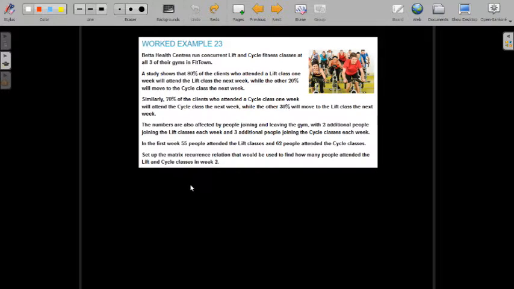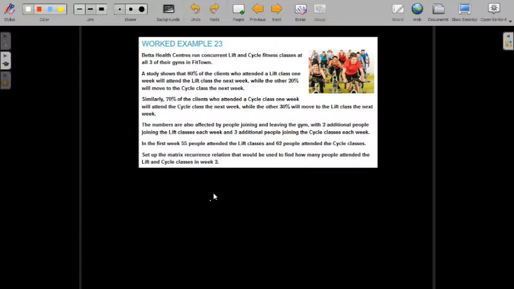We'll have a look at worked example 20. The Better Health Centres are running concurrent lift and cycle fitness classes at all 3 of the gyms. 80% of the clients who attend a lift class 1 week will attend lift class the next, while 20% move to the cycle class the next week. 70% of the clients who attend a cycle class 1 week will attend the cycle class the next, while the other 30% will move to the other one.